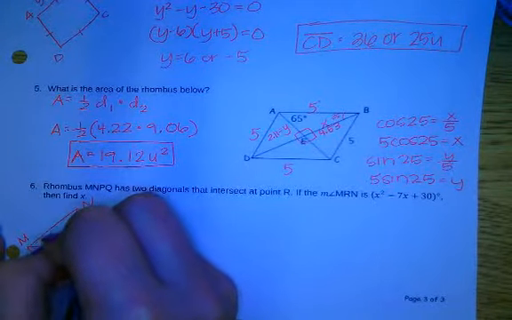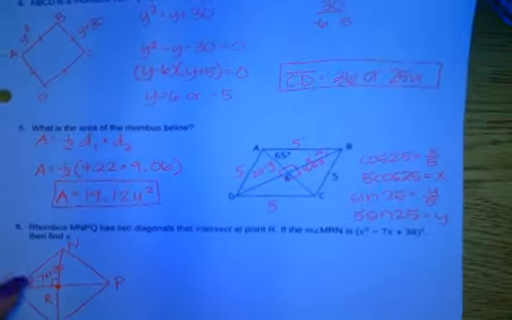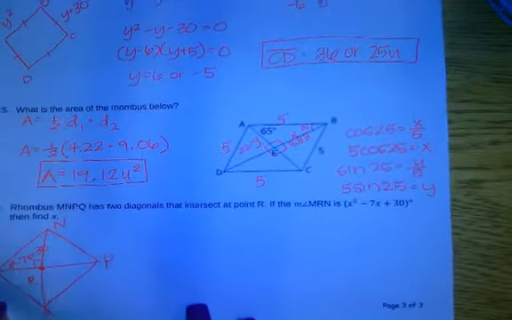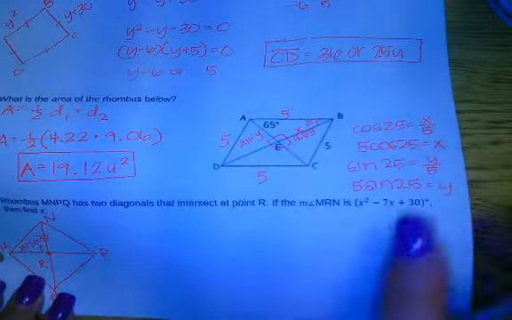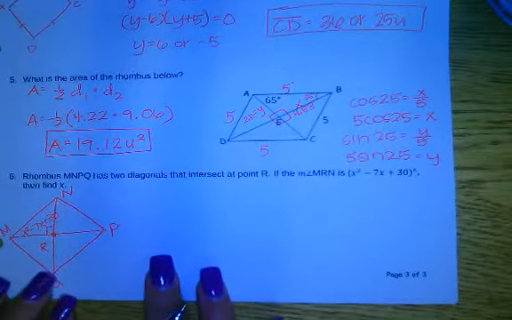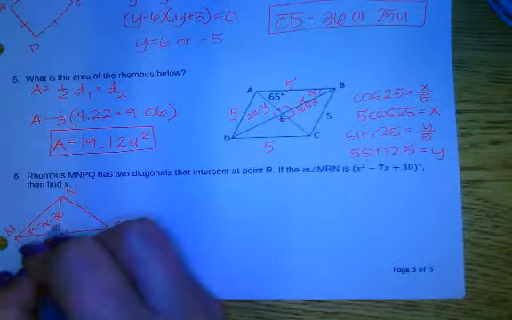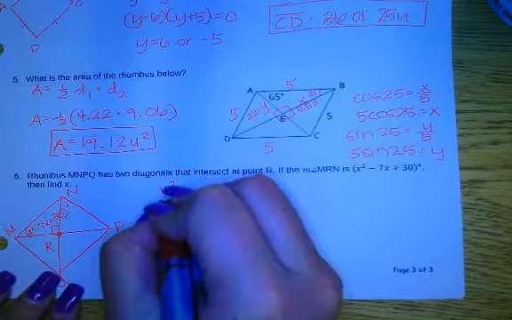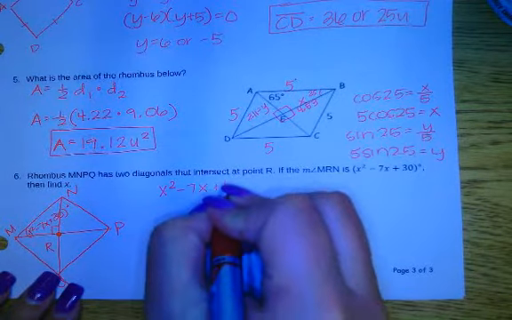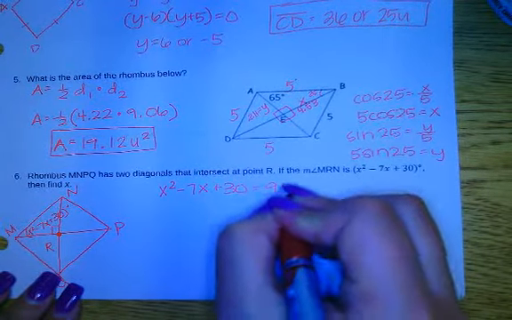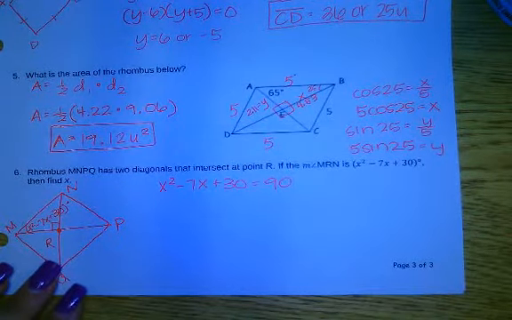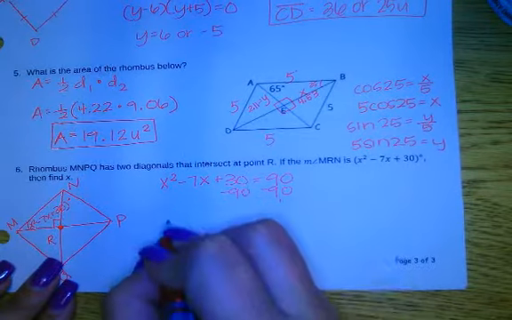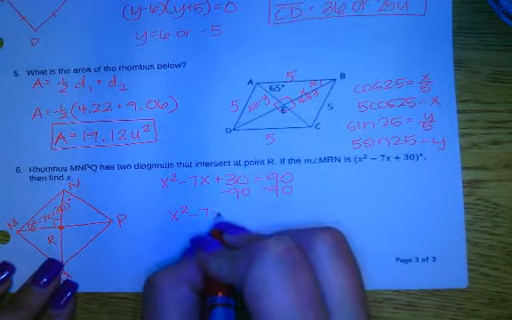Find x. Well, what do you know? Very good. This angle right here is equal to 90 degrees. So you have x squared minus 7x plus 30 equals 90. You always want to set equal to 0 when you have a quadratic. So I have x squared minus 7x minus 60 equals 0.